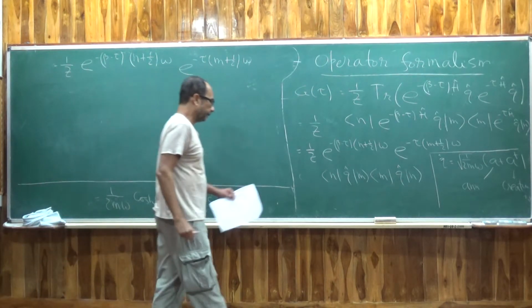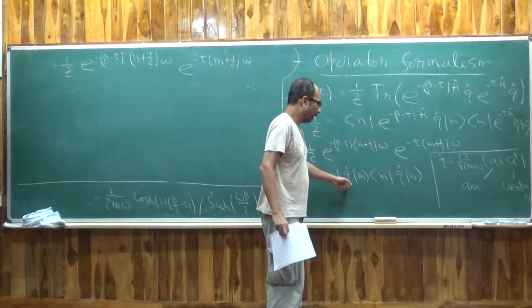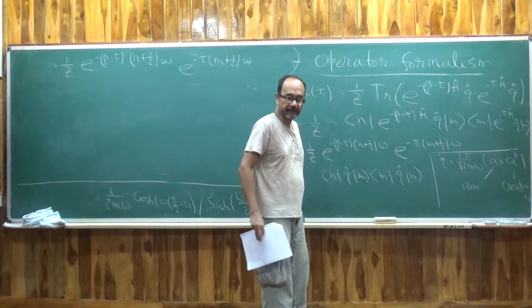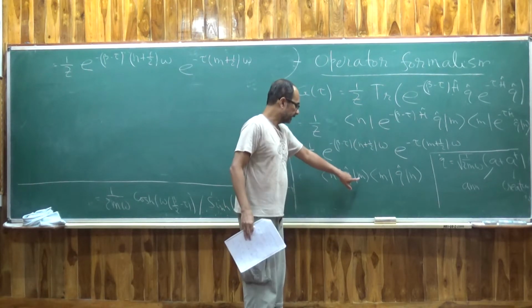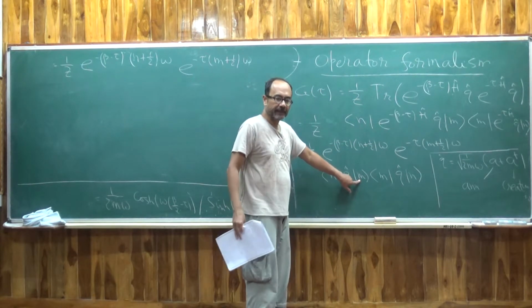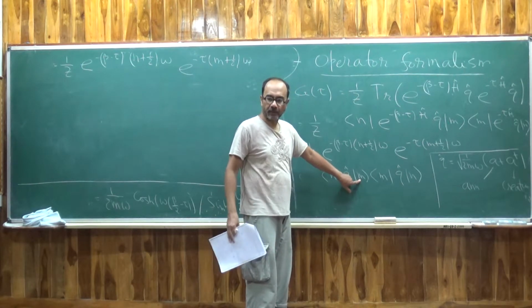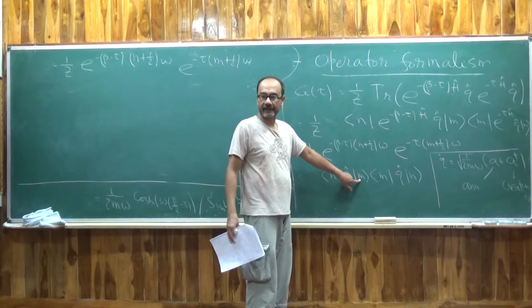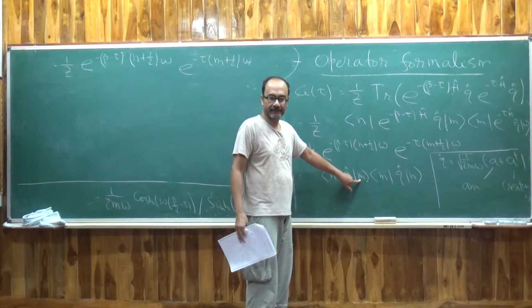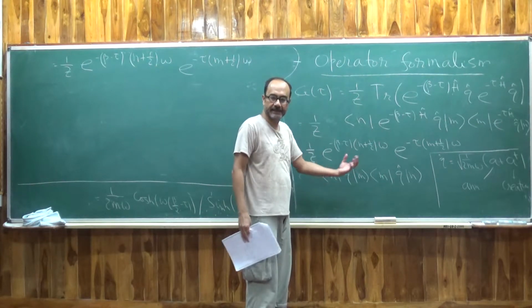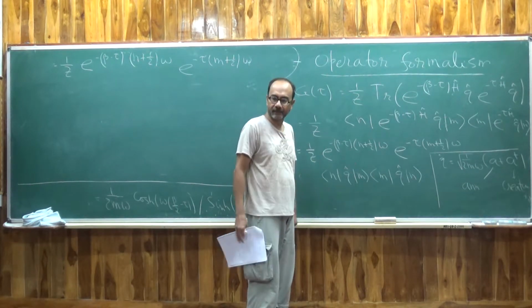Now you see here, once q has become a plus a dagger, m can either be n plus 1 or n minus 1, right? Because a dagger raises the number by 1, a lowers the number by 1.